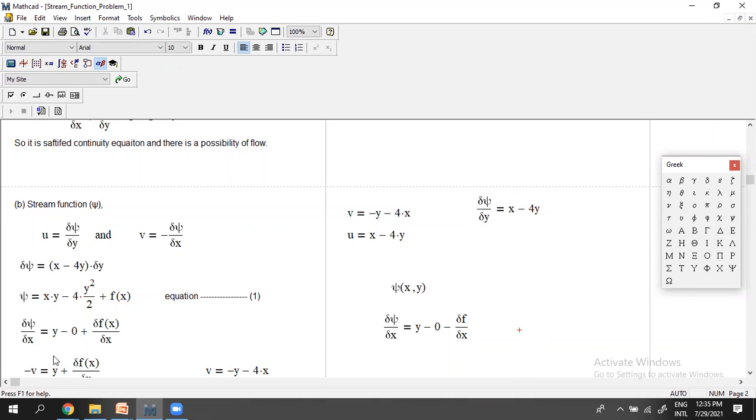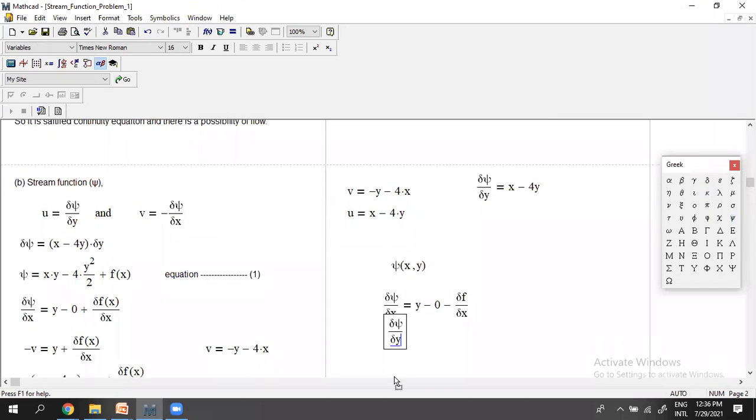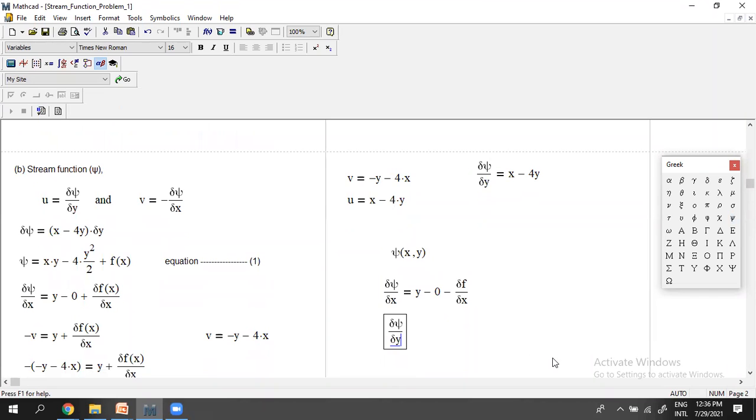Okay. Now you differentiate with respect to y. That means del psi divided by del y.